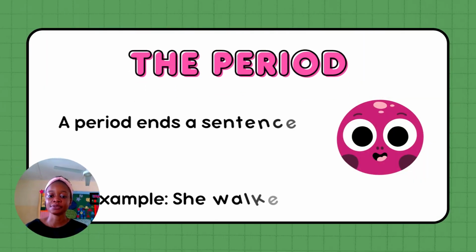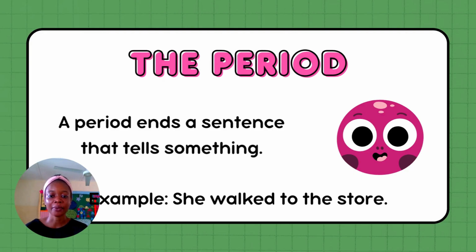So we're going to be looking at various punctuation marks, and we're going to be starting with the period. The period is also known as full stop, which we are very familiar with. So now this period is a little dot, just like you can see on your screen there. Now what do we use this period for? A period is used at the end of a sentence that tells something.